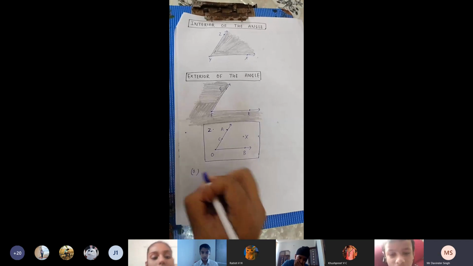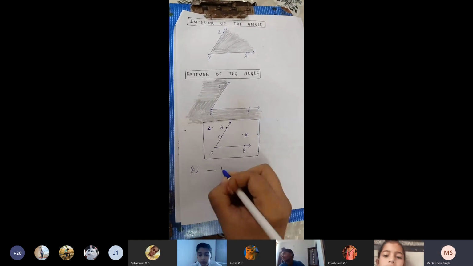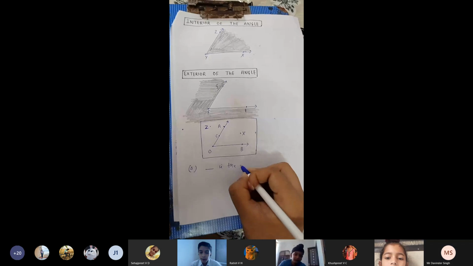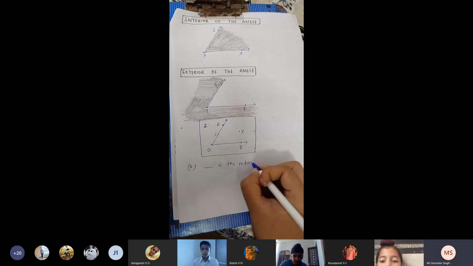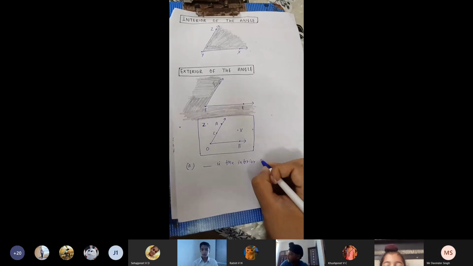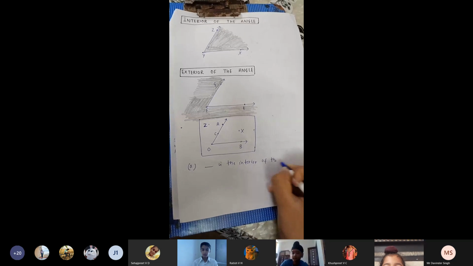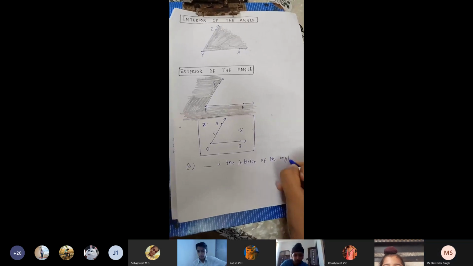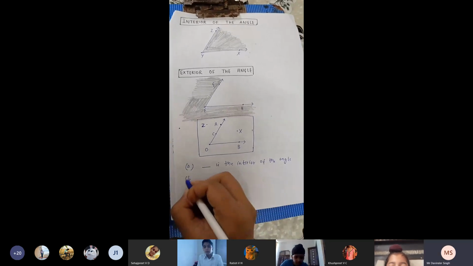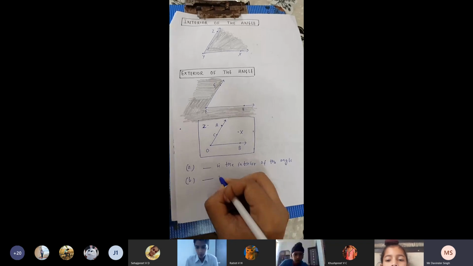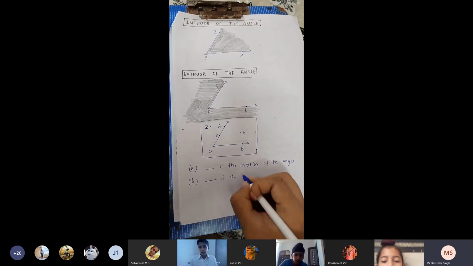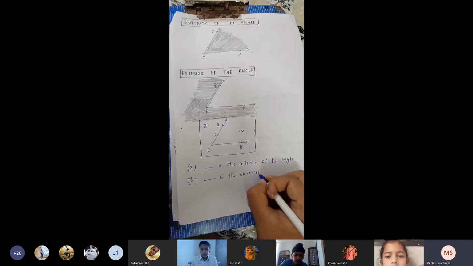So first, A dash is the interior of the angle. Second, dash is the exterior of the angle.